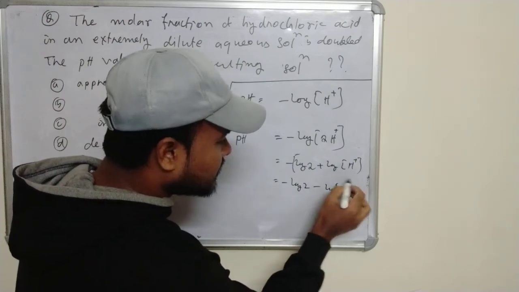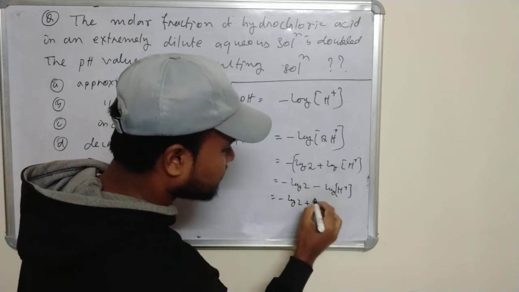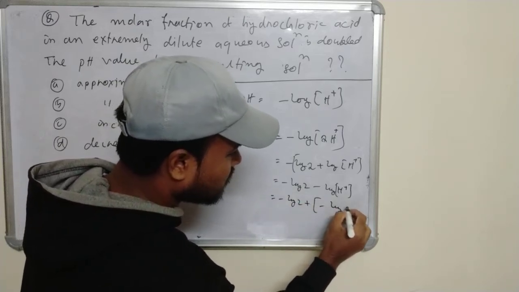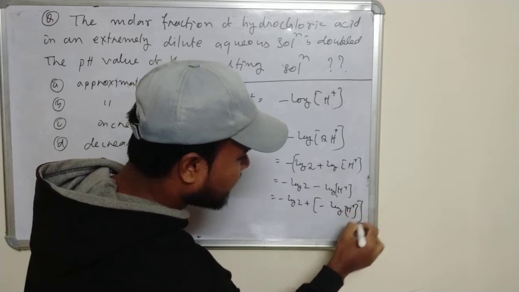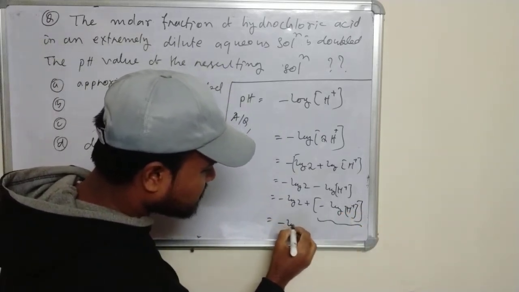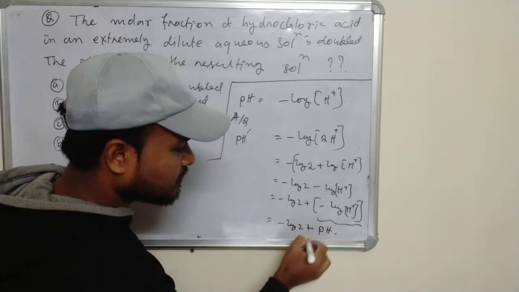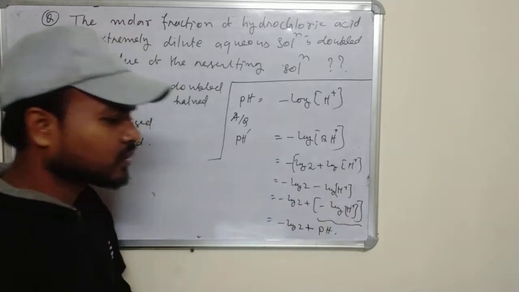Now you see this term minus log of 2, can I write plus here? Yes, this will be minus log of H, and that is again pH, and this is minus log of 2 plus pH. You got my point.